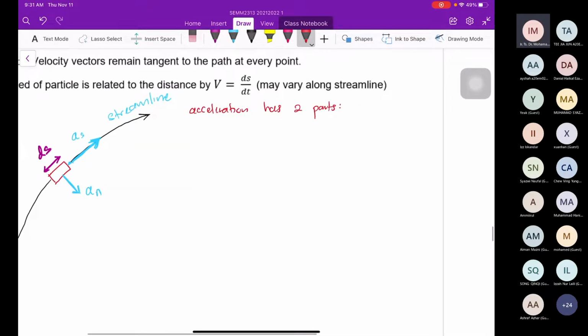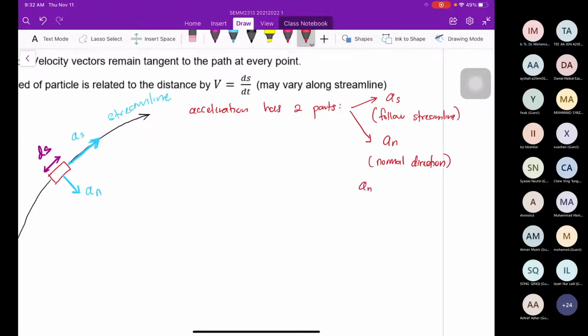The first part is as, which follows the streamline. And the second part is an, which is the direction normal to the streamline. So an here is basically v squared over r. The r means the radius of curvature.